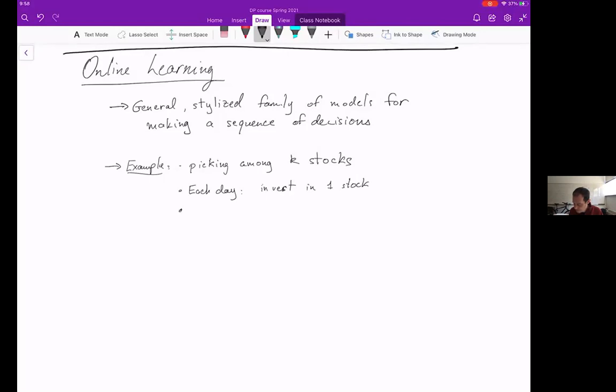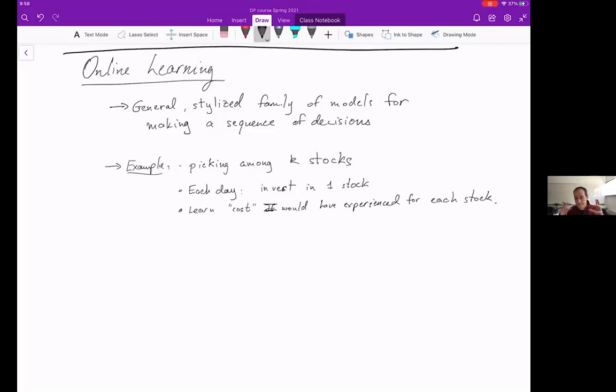So each day I invest in one stock, and then I learn the cost or payoff, if you want to see it more positively, I would have experienced for each of the stocks. Okay.